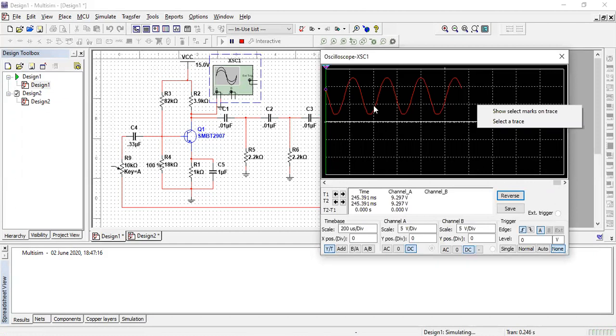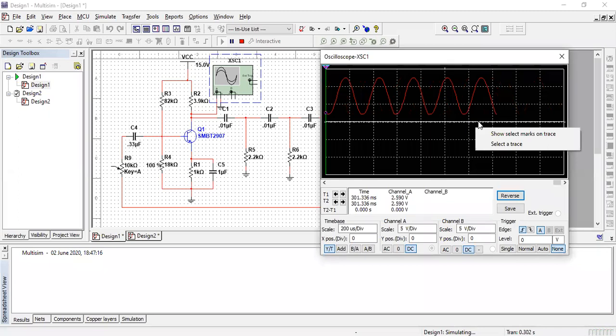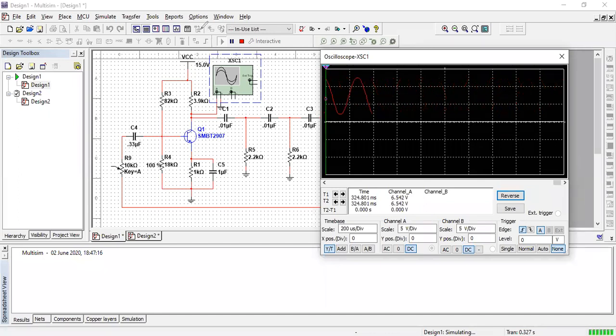If you start the wave from this point, one cycle here, approximately, if you calculate, one complete cycle is almost 1, 2, 3, 4, 5, 6.